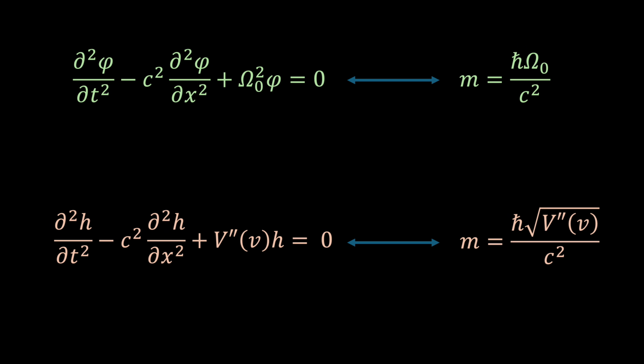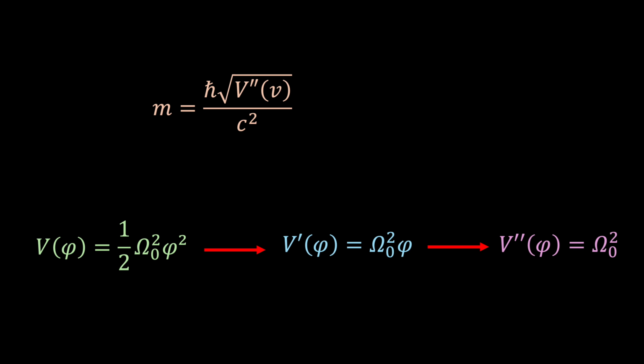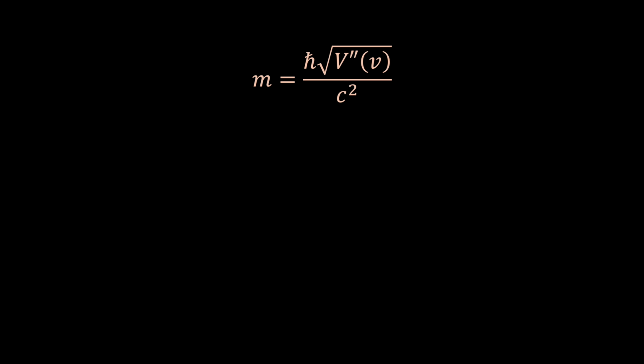To check how this all fits together, suppose the potential is this simple quadratic function that we looked at earlier. Then, if we differentiate twice, we end up with omega naught squared. And the general mass formula then reduces to h bar omega naught divided by c squared, which is exactly the result we obtained earlier. And so here is the deep principle.